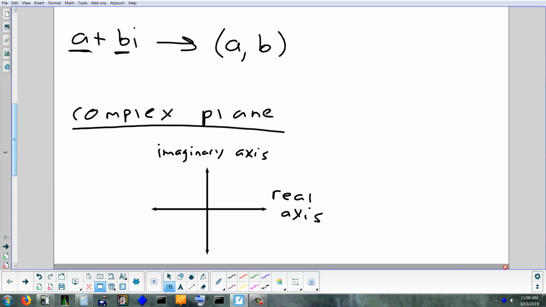What you used to call x is now the real axis. What you used to call y, that's the imaginary axis. As far as positive and negative, it's the same directions that it would normally be. Positive is up and to the right, negatives go down and to the left.